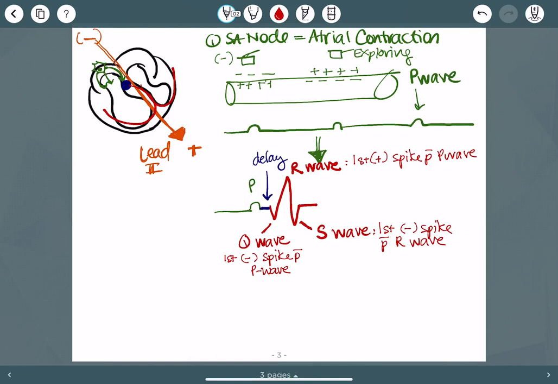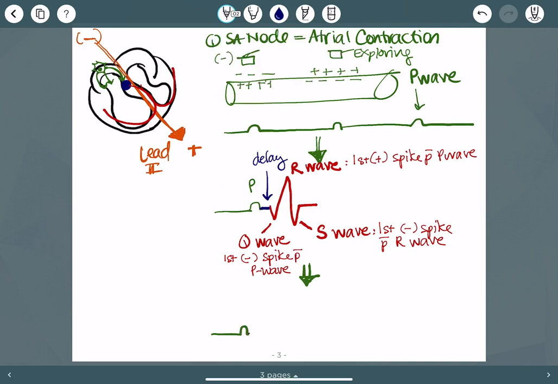All right, so we have the P wave, which represents the atrial contraction. Then we have the QRS, which is the electrical activity of that ventricular contraction, the waves of electricity that fly to the ventricle. And the last thing that happens is the ventricles have to repolarize. So if we add this in, let's do it one last time, where we have a P wave.